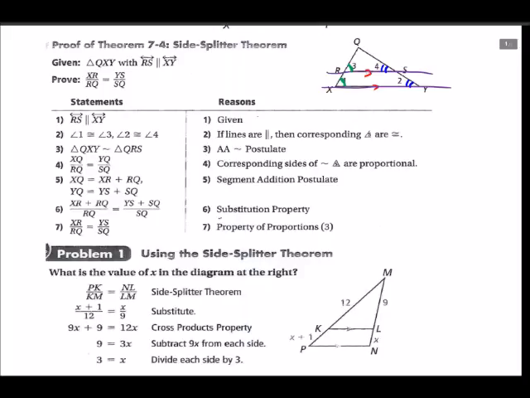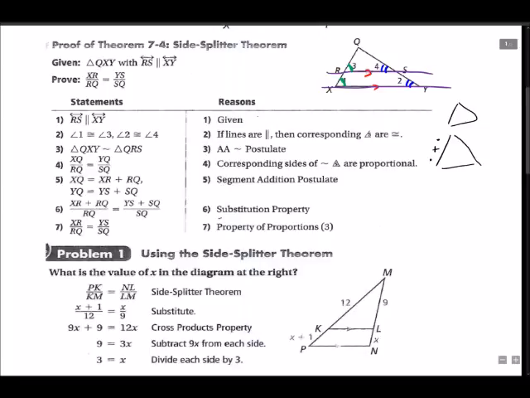You can read through the proportion or through the proof, and you see the proportions here, seeing that we're using a segment addition postulate, and that adds up the entire side. Because our two triangles are proportional, we have our small one and then our big one, and our big one is made up of this plus this, so that's where that comes in.